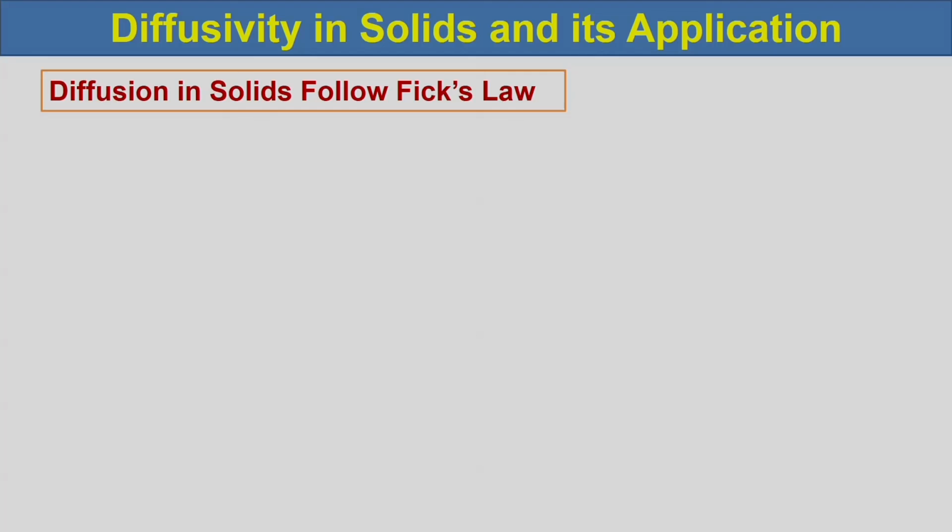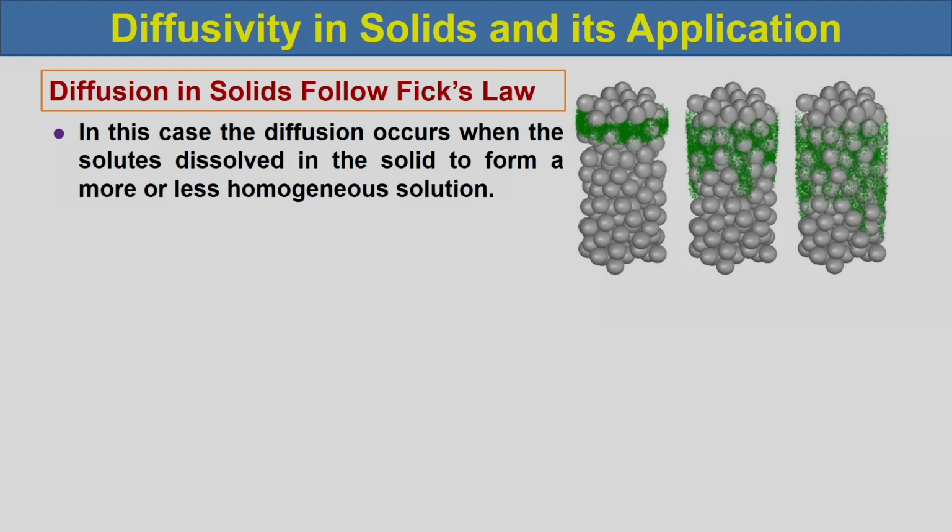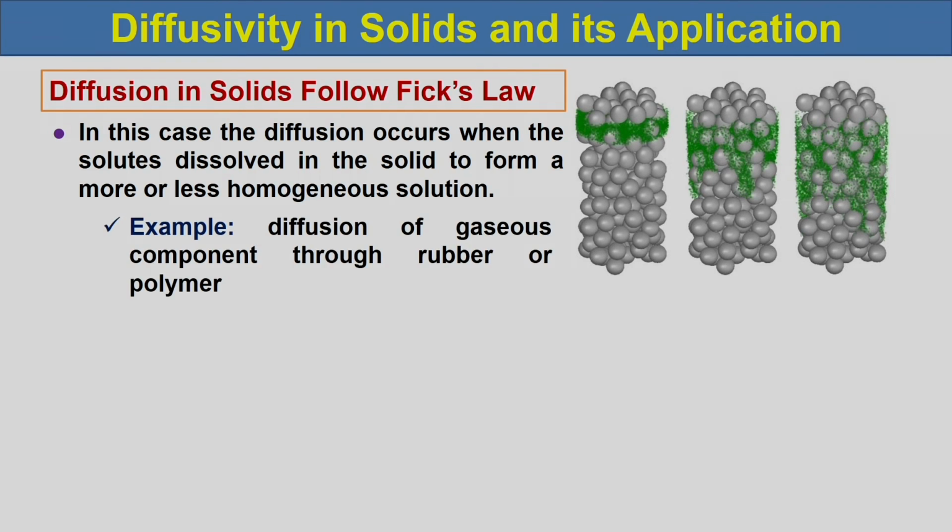Now, the first one, diffusion in solids following Fick's law. In this case the diffusion occurs when the solutes dissolve in the solid to form a more or less homogeneous solution. For example, diffusion of a gaseous component through rubber or polymer.